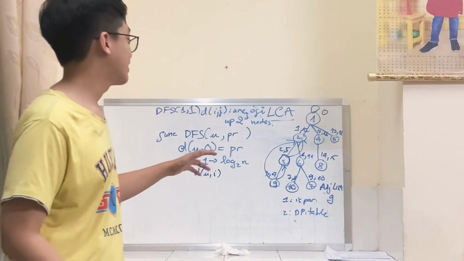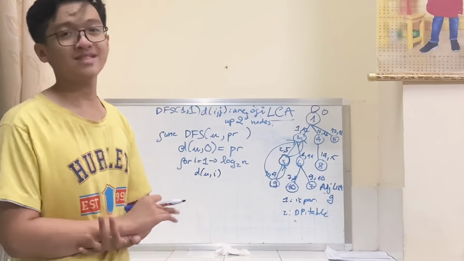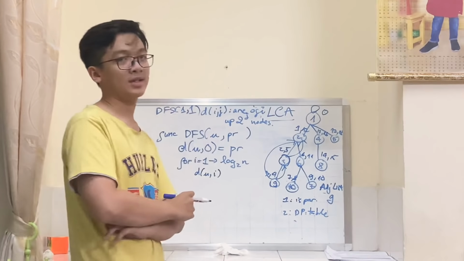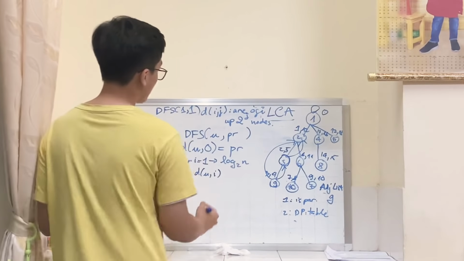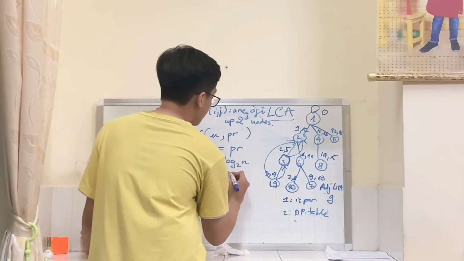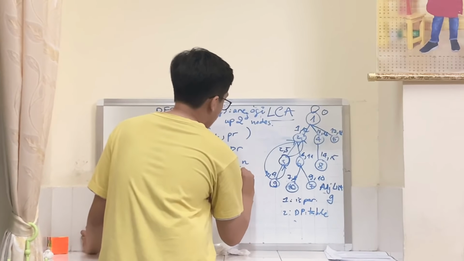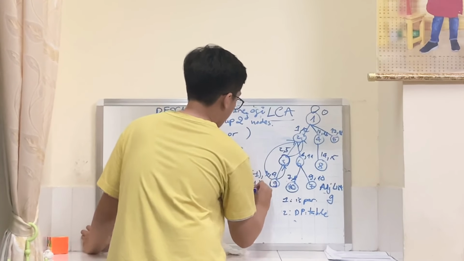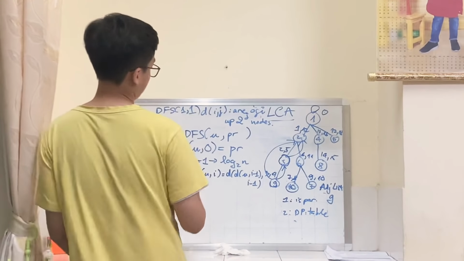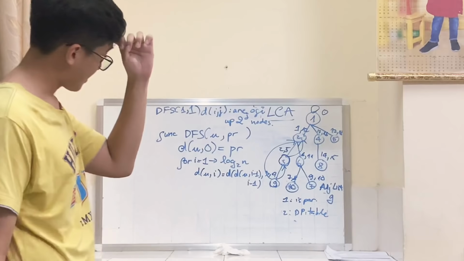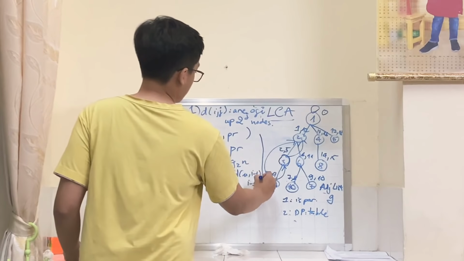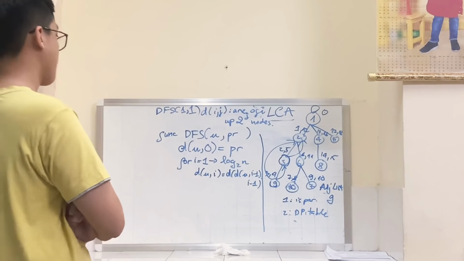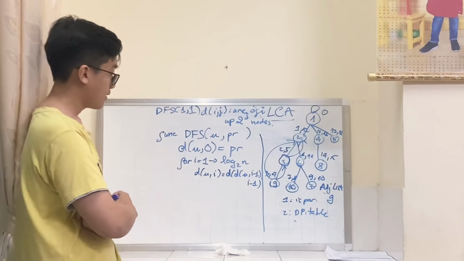So this will jump to the ancestor using the parent nodes pre-calculated with dynamic programming. That makes sense, because we build up the solution: d[u][i] equals d[d[u][i-1]][i-1].